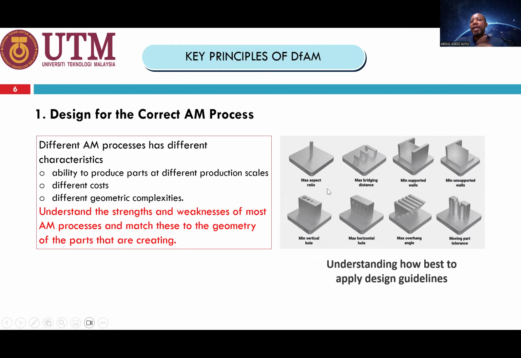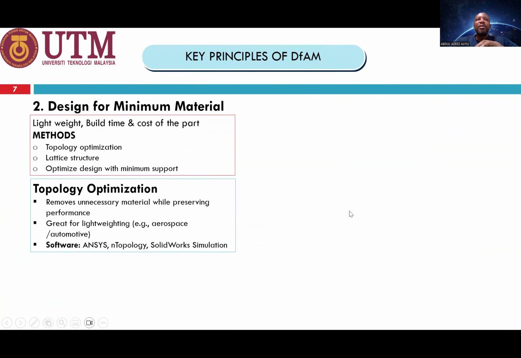These are some guidelines. You need to understand these guidelines, which will help you to select the best additive manufacturing process to use for any certain part that you want to produce. So the second principle is design for minimum material.